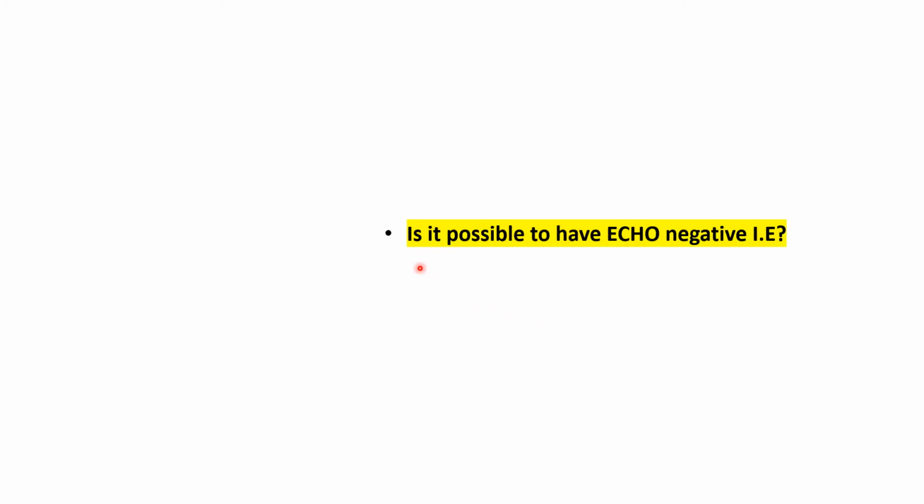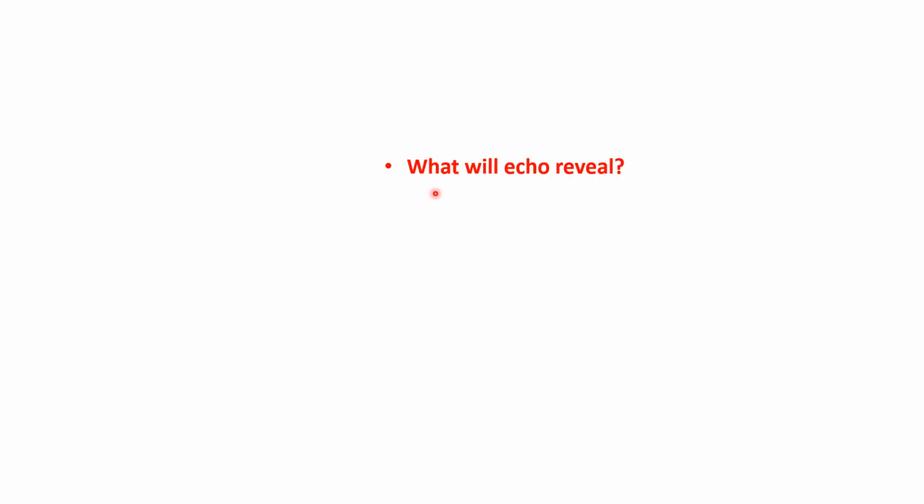Here's the question. Is it possible to have echo-negative infective endocarditis? Yes, it is possible if the vegetation is too small or if the vegetation has already embolized. You can have echo-negative infective endocarditis. What will echo reveal?